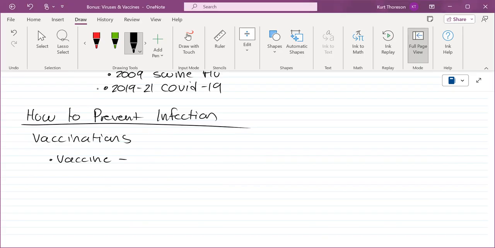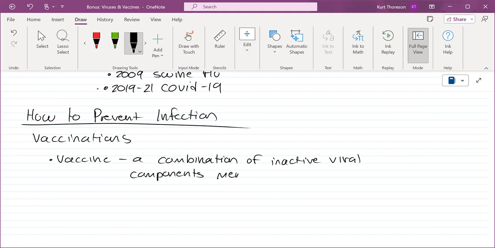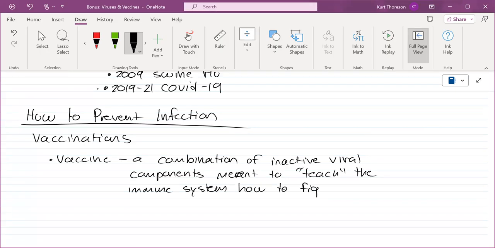A vaccine is a combination of inactive viral components meant to teach, for lack of a better word, the immune system how to fight the virus.